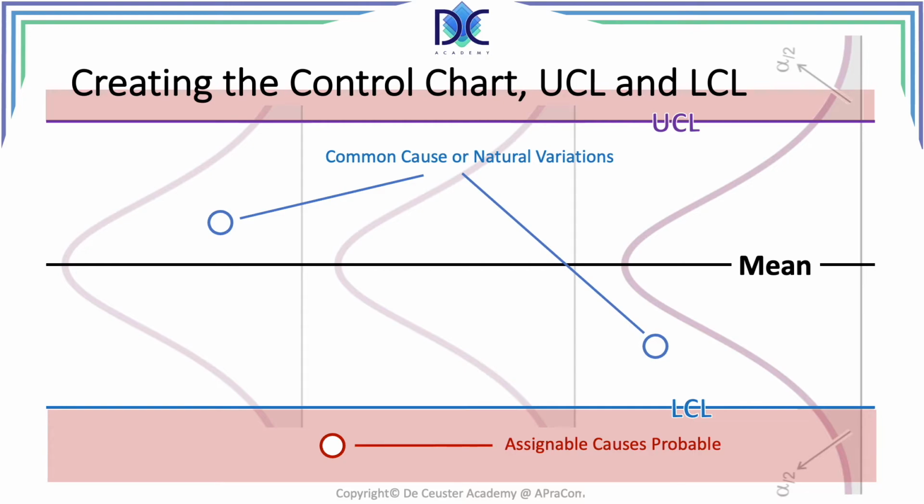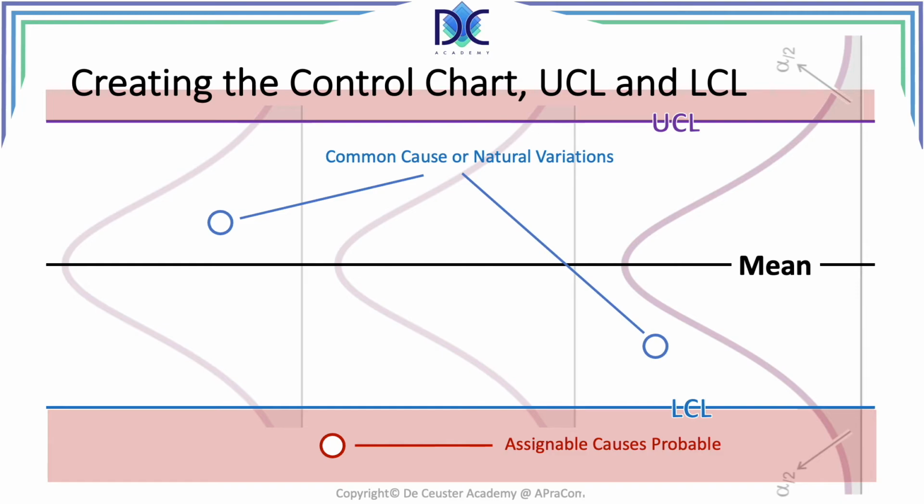When we do a control chart, we have a lot more points available, and we will calculate the mean, the upper control limit, and the lower control limit based on special formulas that I will show you later, formulas that have been developed by people who specialize in statistics to create these charts.